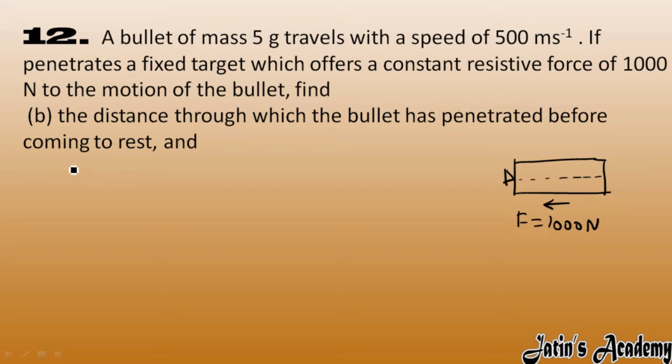So if I'm talking about the block, how much it is decreasing the energy, this is force into displacement. So resisting force we have 1000 Newton and displacement we have to calculate. Okay, means up to what distance this bullet will move. Very important point, its whole kinetic energy is reduced to 0 by this block.